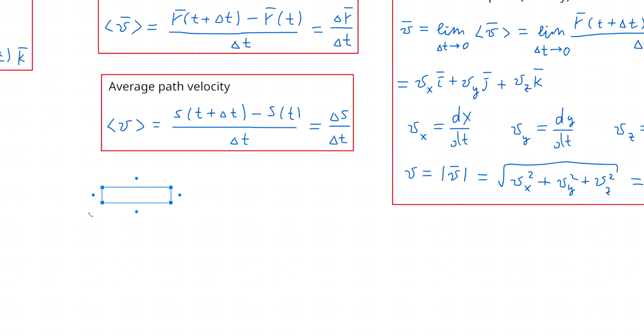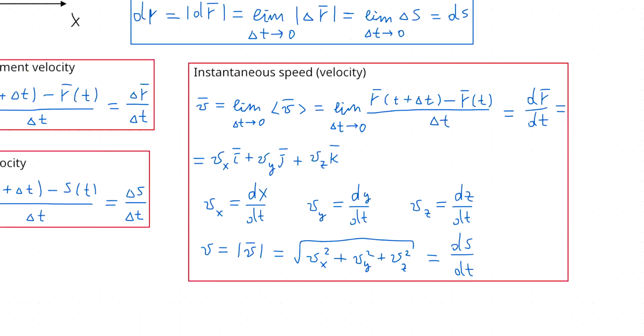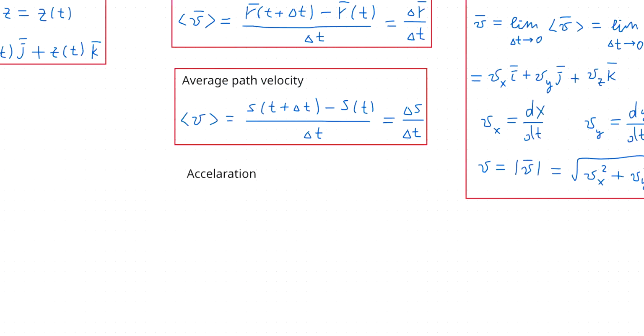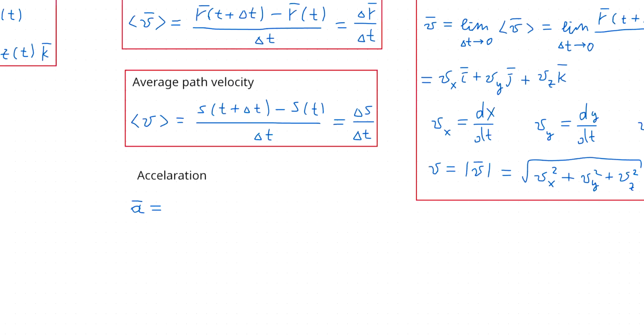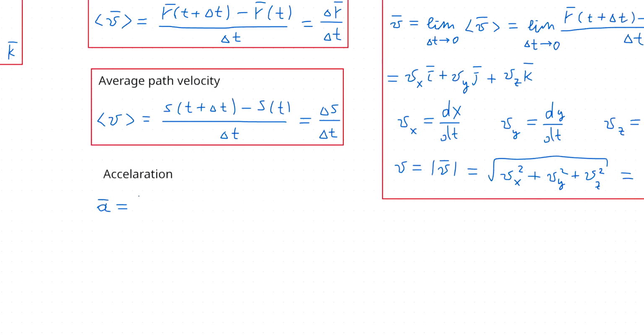In the same way as it was done for velocity, we can write the definition of acceleration only by substitution of v by a. The vector a is acceleration, and this is equal to the derivative of velocity.